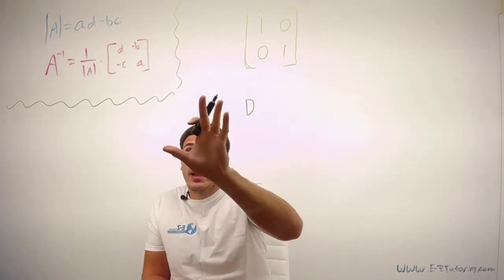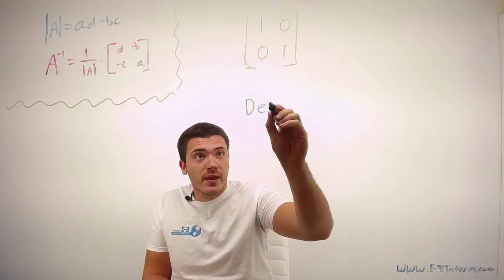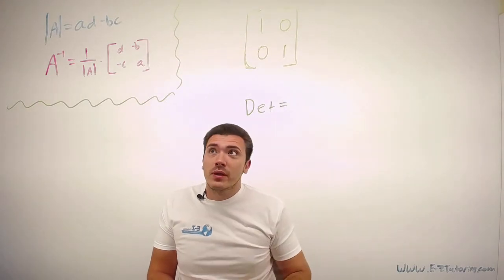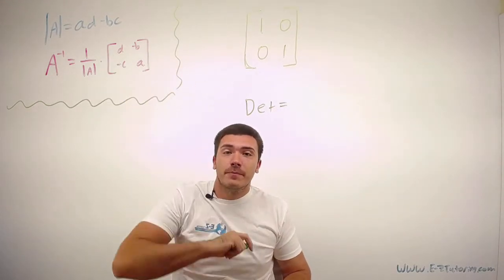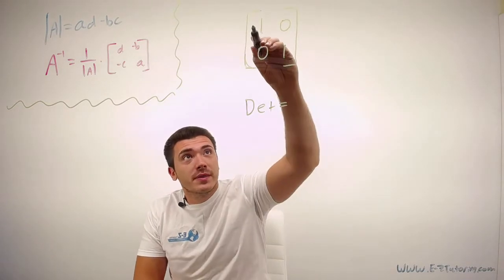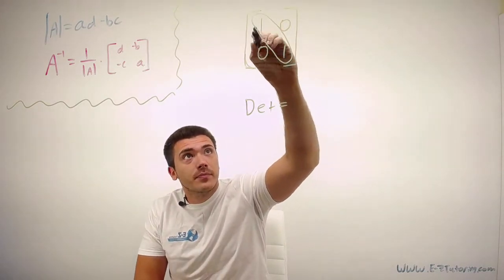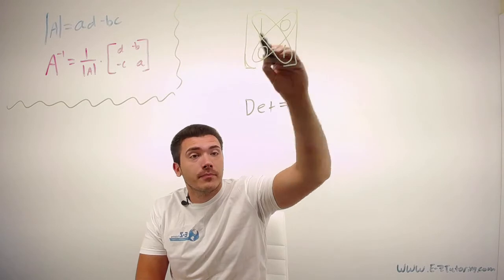And I went ahead and wrote the formulas here so we can have them handy. The determinant we know is AD minus BC, which we know is this diagonal minus this diagonal.